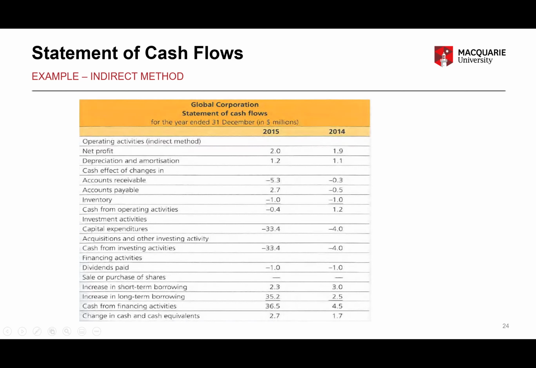This is going to make much more sense later on, so I'm not going to go into a lot of detail today, but you can see the kinds of things that we're adjusting. We're adding back depreciation and amortization because they are not cash flows, so we're eliminating that from the net profit.